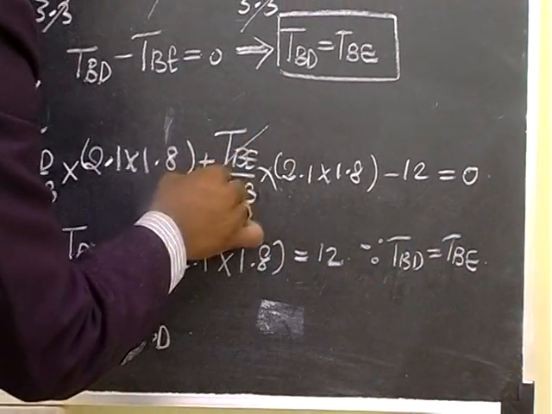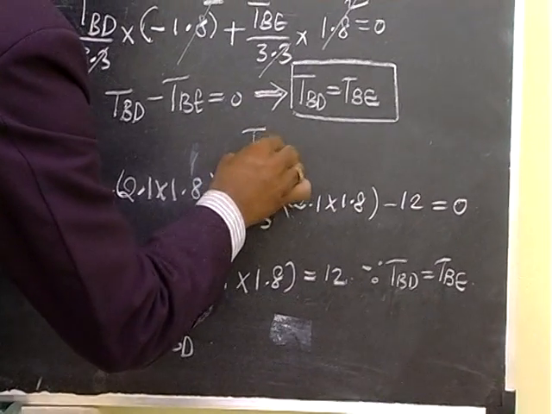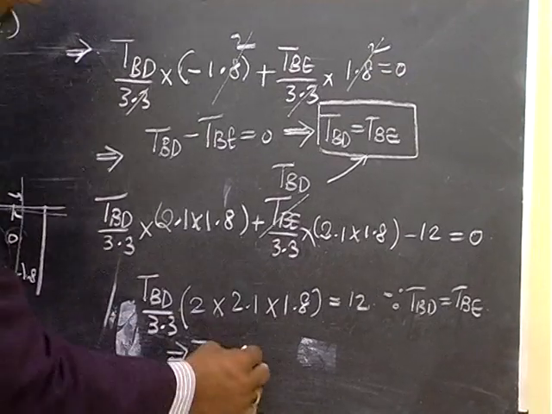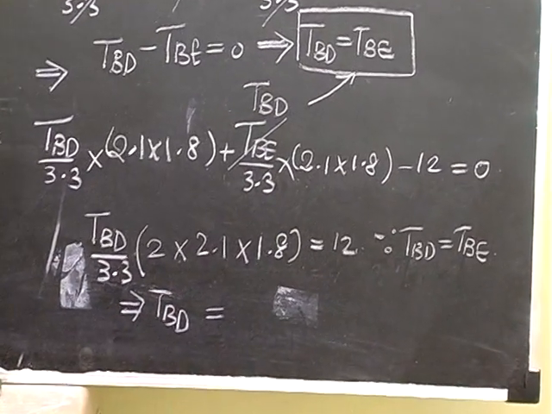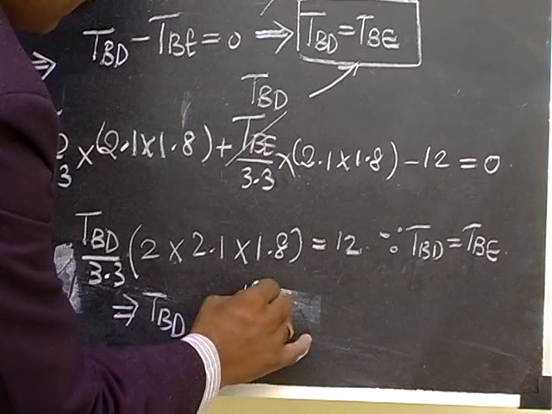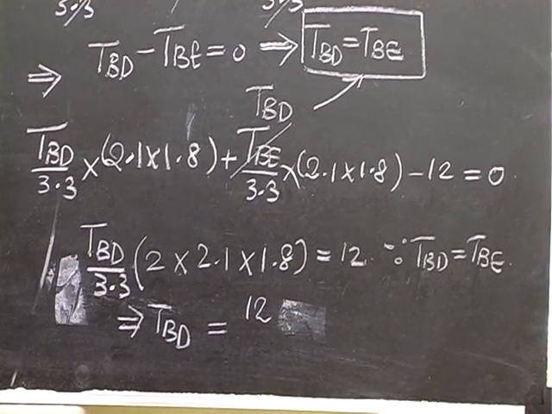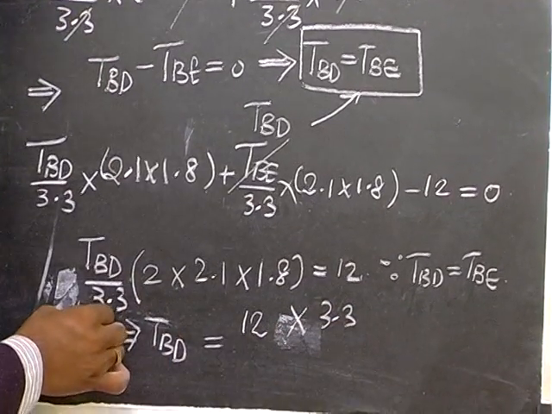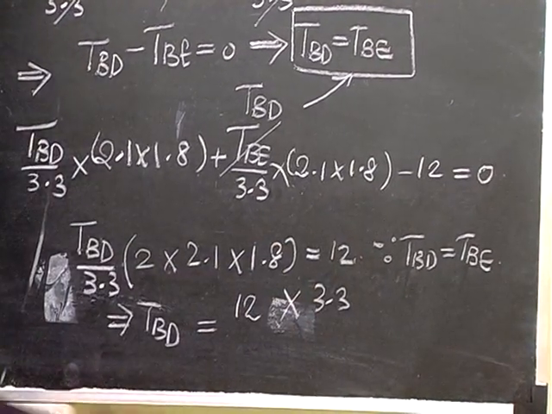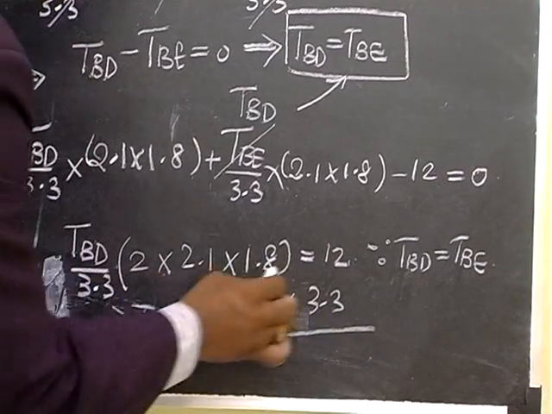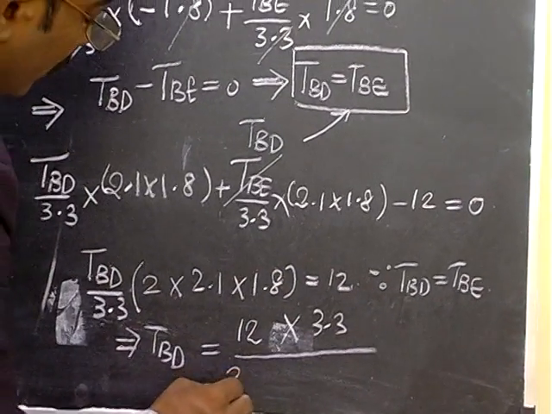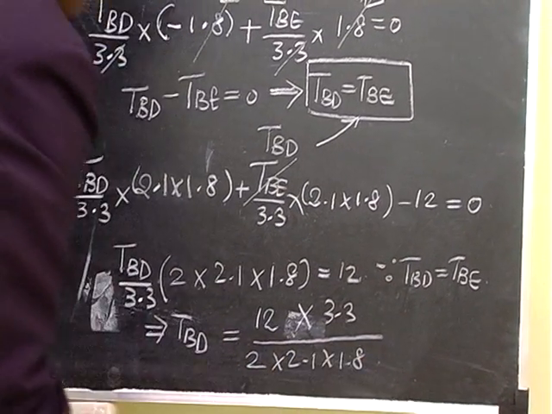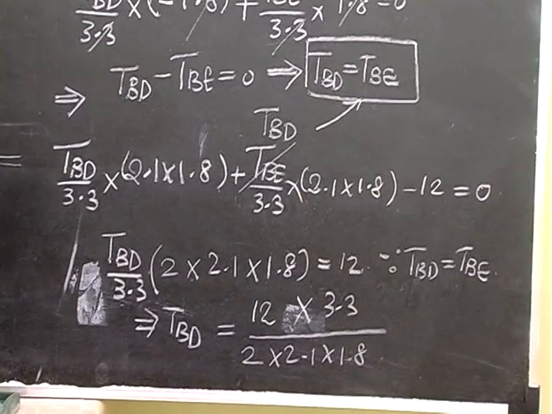Here I am substituting TBE as TBD because I am getting TBD as TBE. So this can be straight away found out as 12 multiplied by 3.3, because the denominator goes to the other side and becomes numerator. All these numerator values, when they go to the other side, become denominator. So it is 2.1 multiplied by 1.8. So we can get this value as TBD.